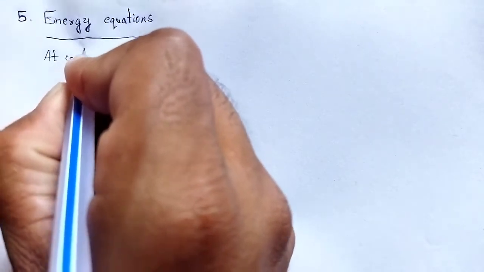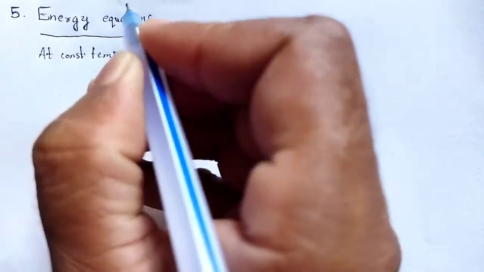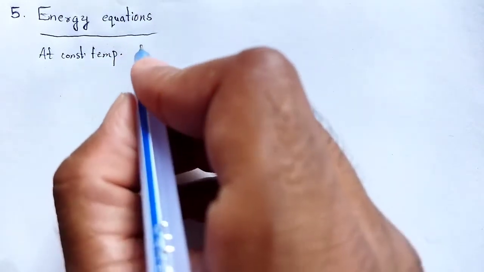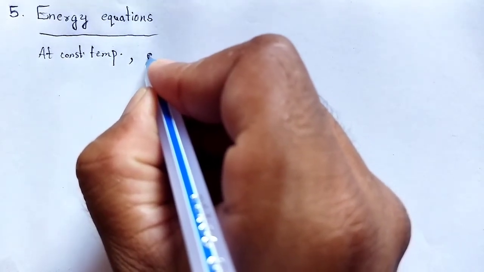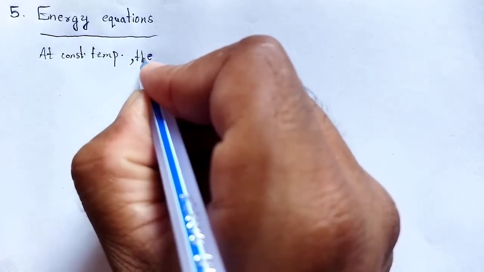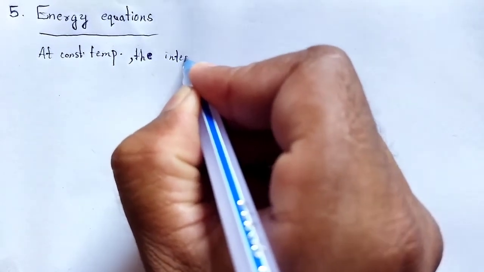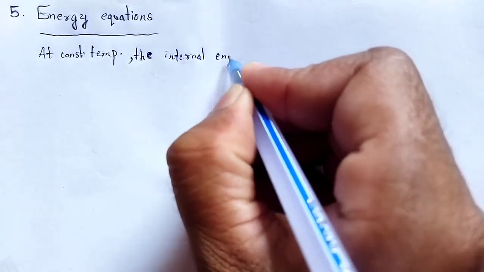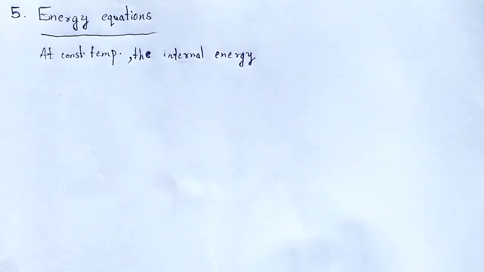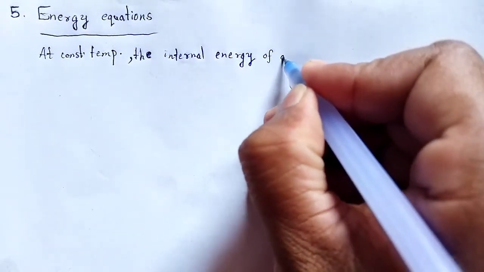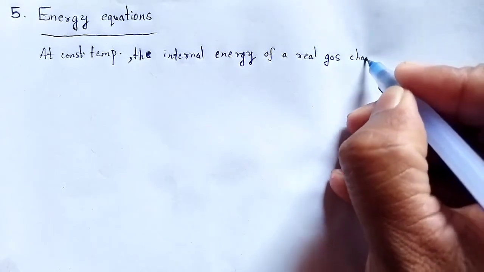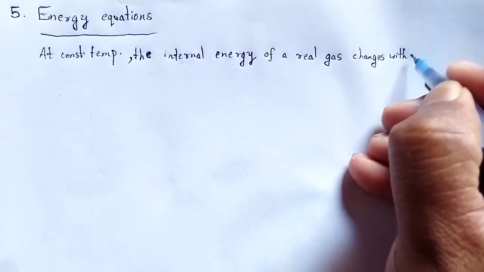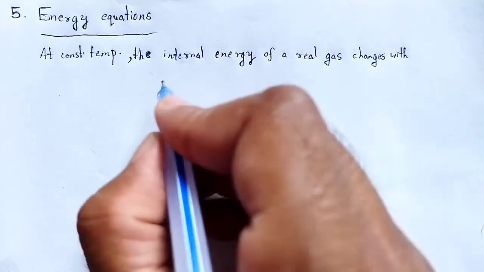At constant temperature, the internal energy of a real gas changes with volume as well as pressure.